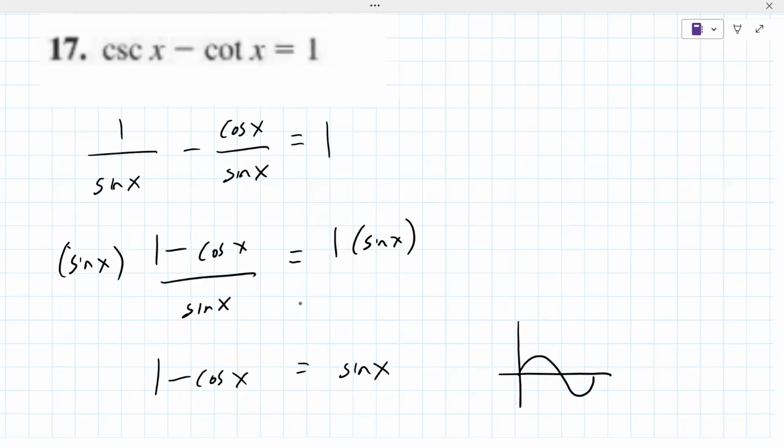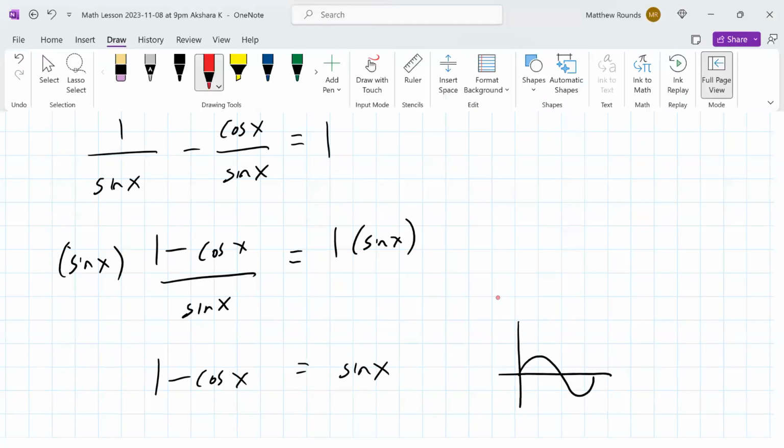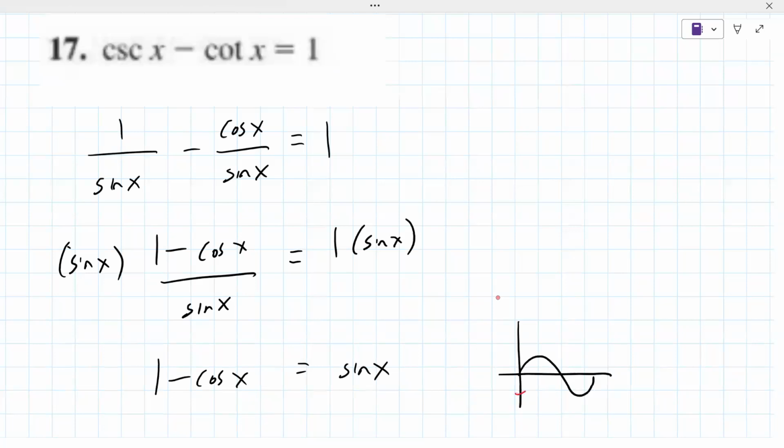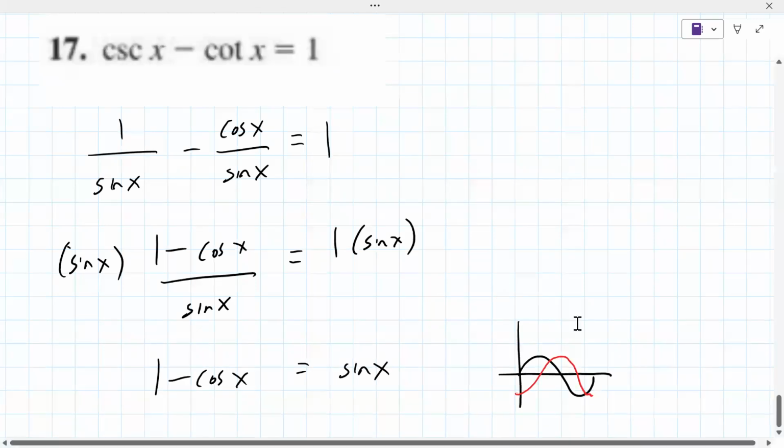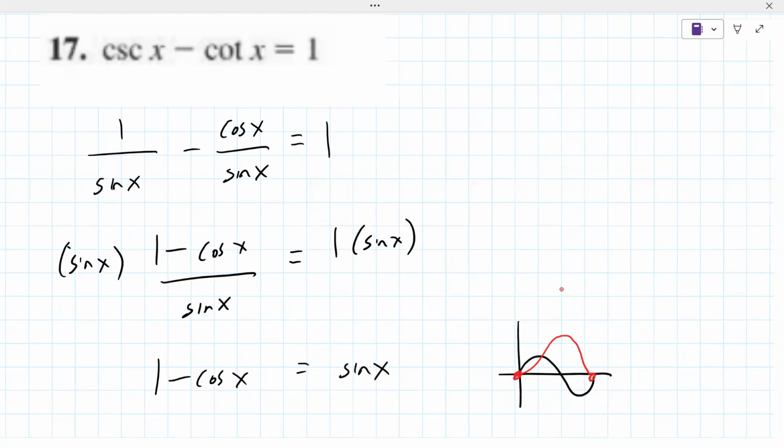So flipping cosine, it comes down like that, and if we move it up one, you can see that they actually do hit, but they only hit there and there. So it actually does have a solution.